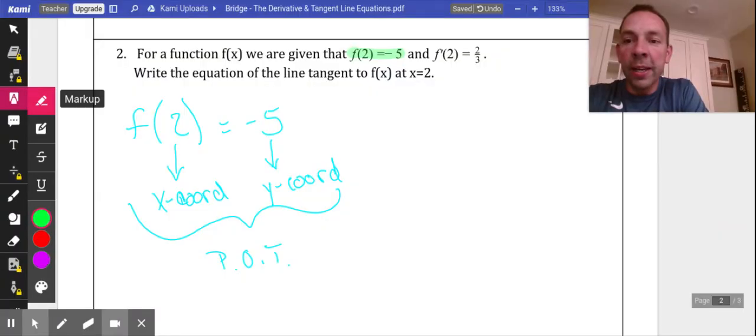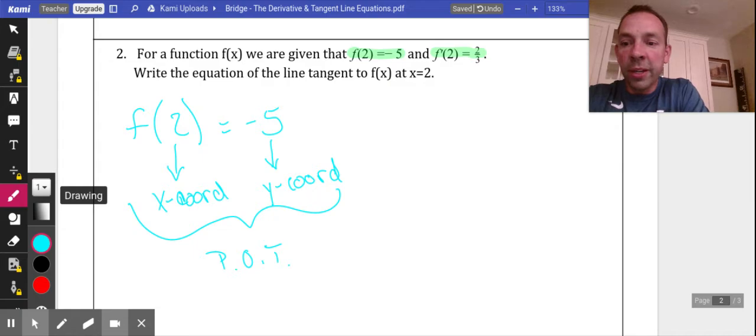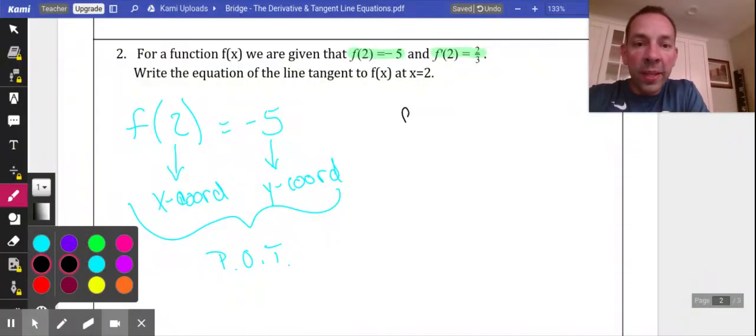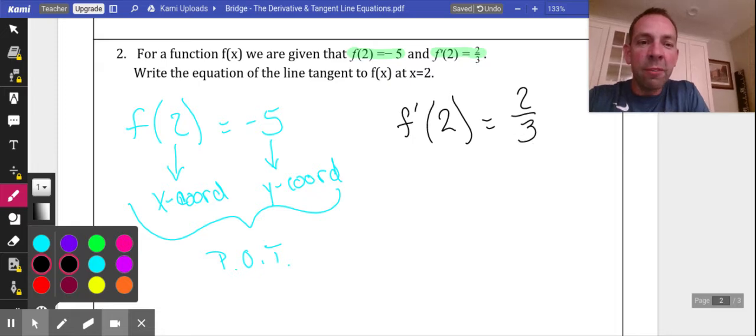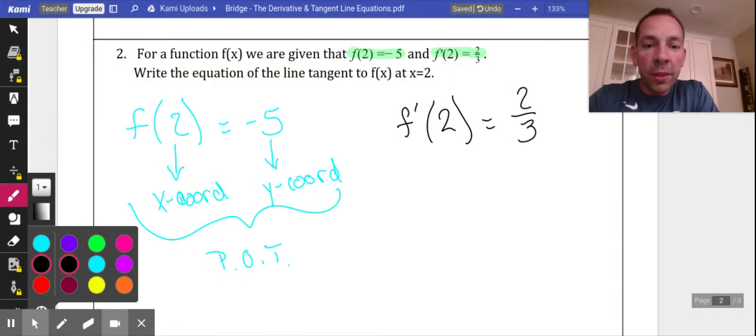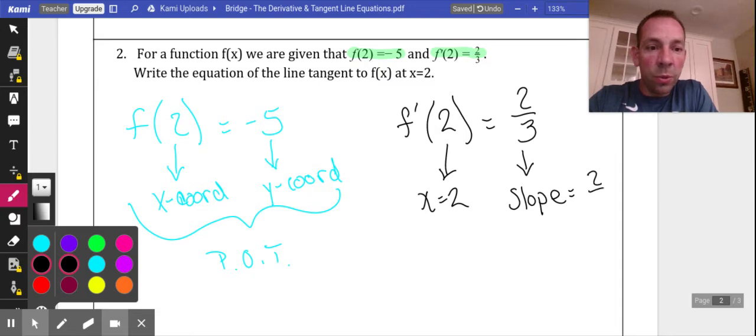Now, the other nugget they gave you was that f prime of 2 equals 2/3. What are they trying to tell you there? So when they say f prime of 2 equals 2/3, they're not giving you another y-coordinate. What they're saying is that at the particular moment when x equals 2, the slope is equal to 2/3.